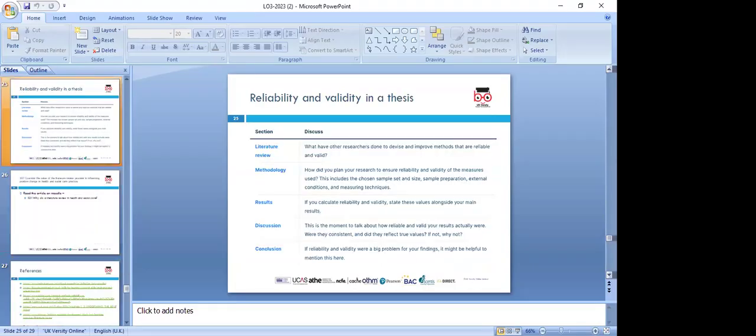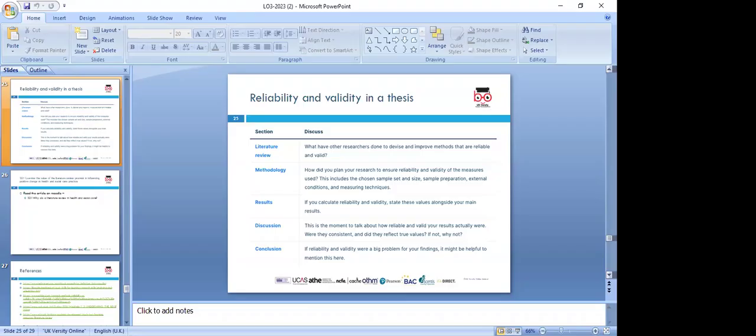The methods of estimating reliability and validity are usually split up into different types. Okay, so reliability and validity in thesis. And this is very crucial. How reliable is your thesis proposal and how valid is it to your supervisor? Literature review: what have other researchers done to devise and improve methods that are reliable and valid?